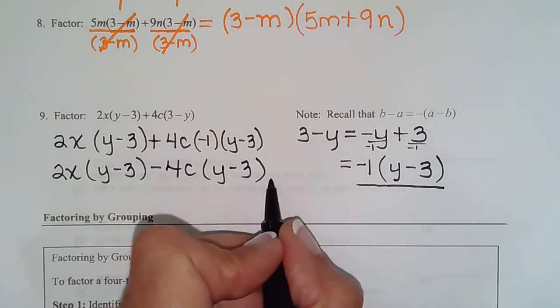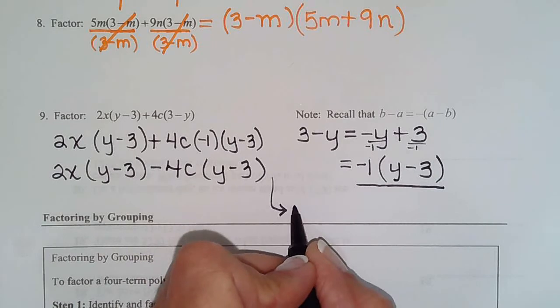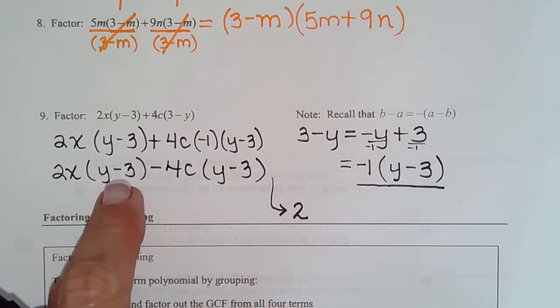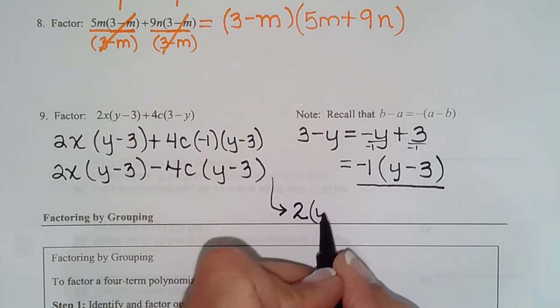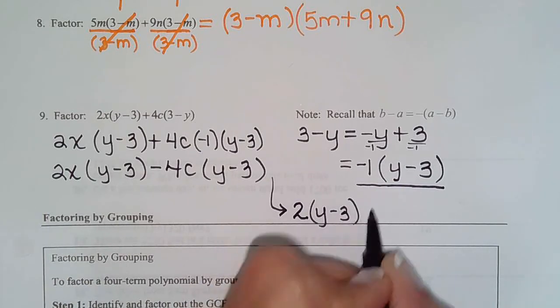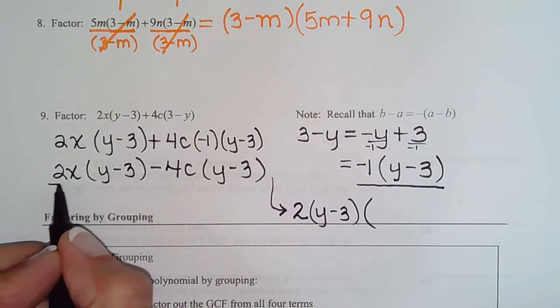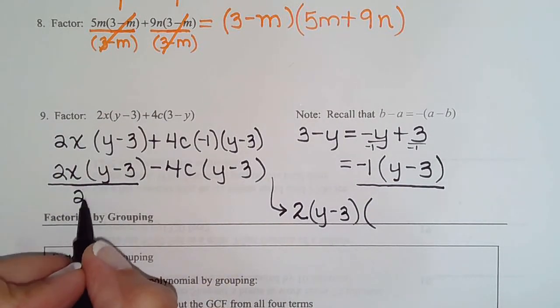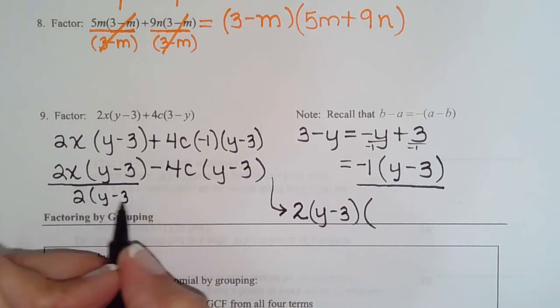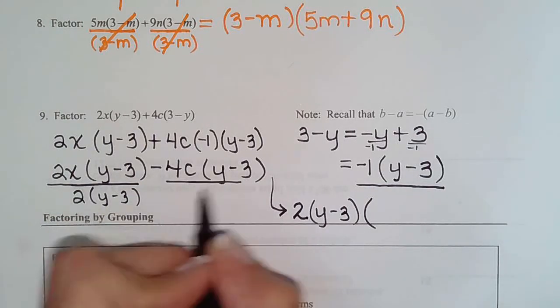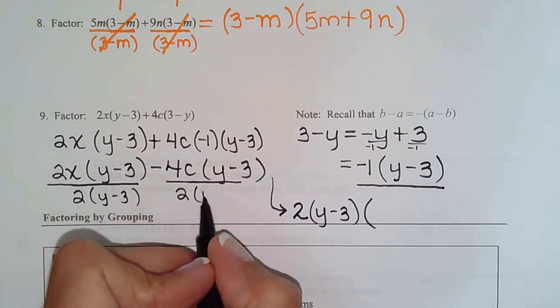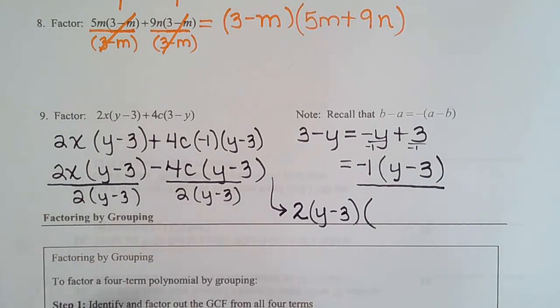So for this one, 2 is common, y minus 3 is common. So I divide this by 2 and y minus 3. And I divide this one by the GCF 2 and y minus 3. And whatever I have left goes there.